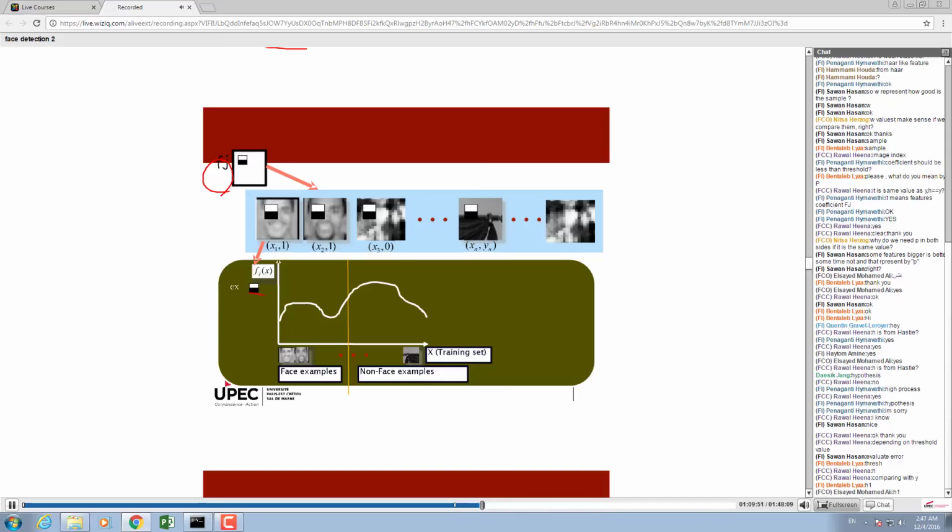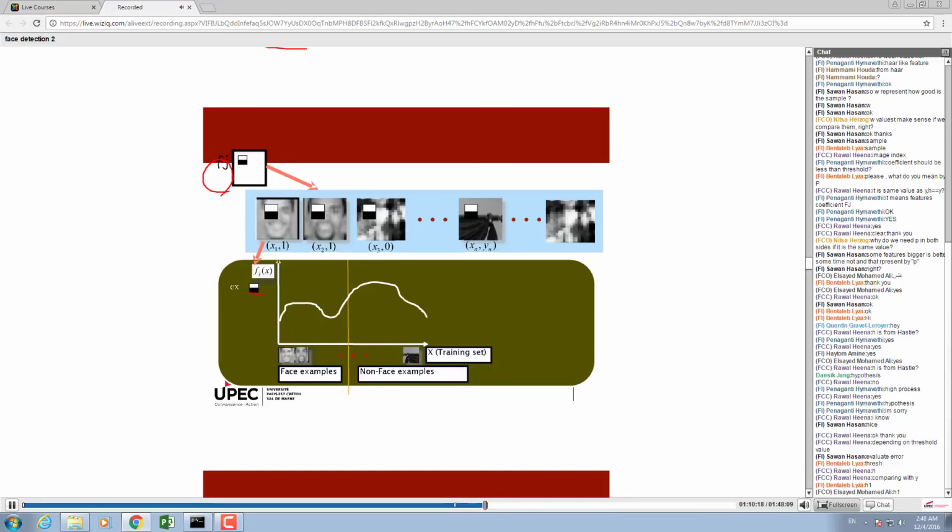The vertical axis means f of x, so for every given sample we can calculate the feature value. This white graph represents the distribution of f values, not exactly a probabilistic distribution, just plotting the f values.